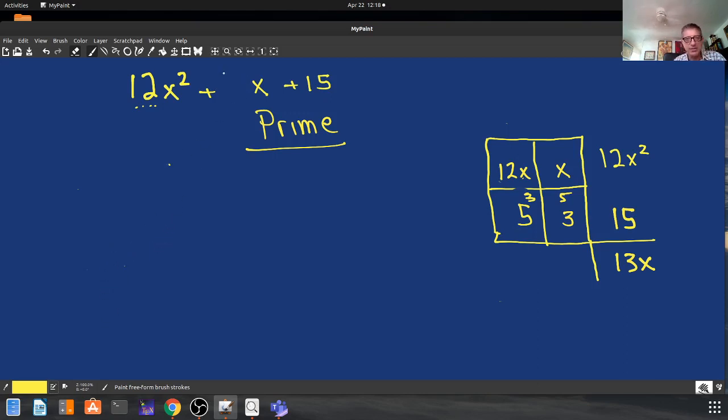So let's do 17x. And let's do 5. So I don't know if this one's prime or not. The other one's prime. I hate doing prime examples, but that was my prime example. It was an unintended prime example.